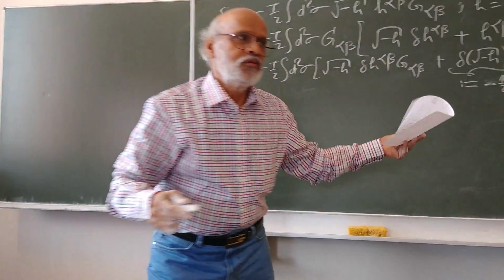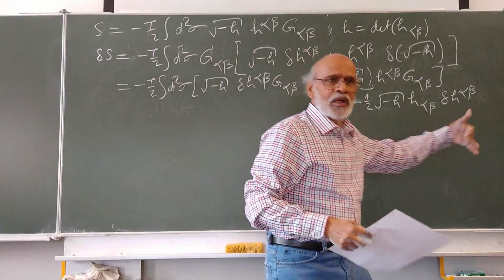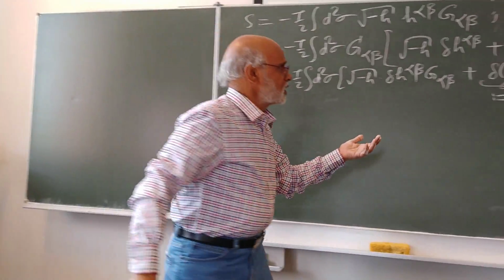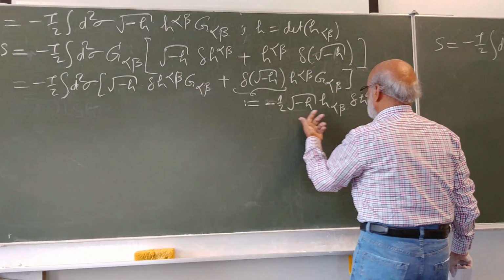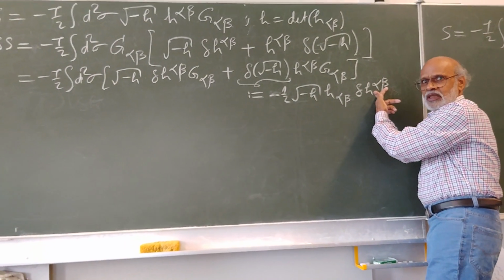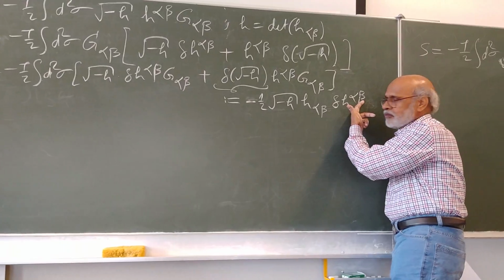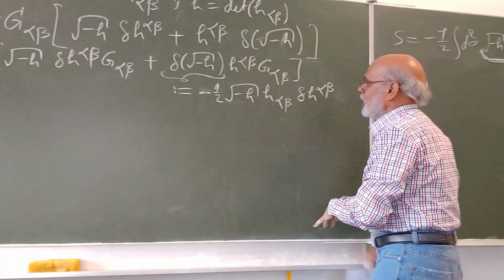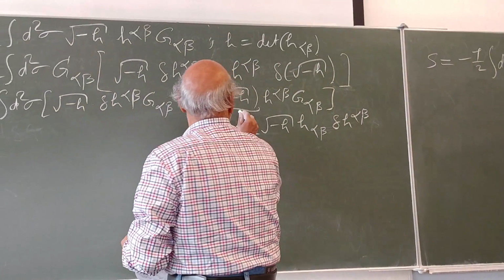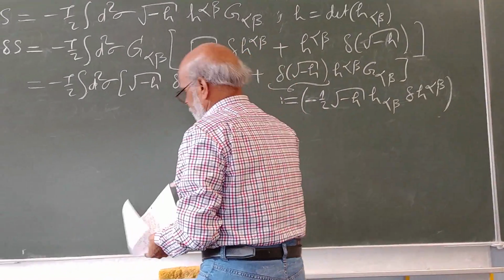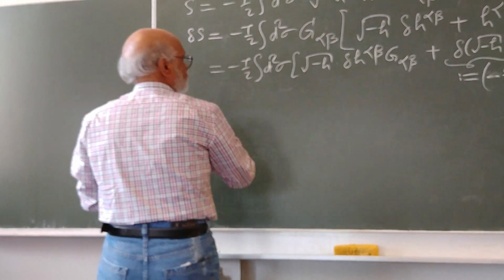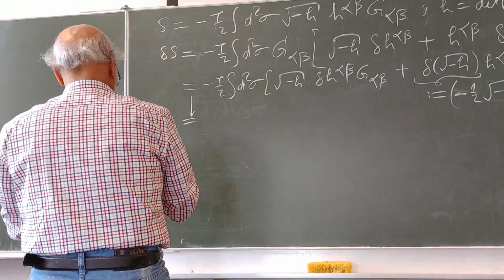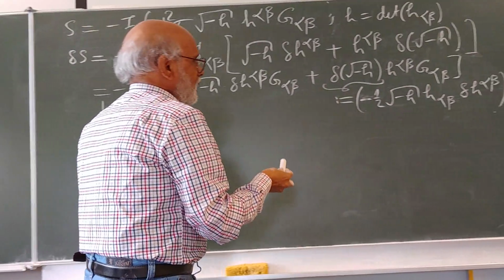You can do it separately, just like you do it in the gravity theory. Here, instead of H, you consider G and G alpha beta and delta G alpha beta, exactly what you do in gravity theory. So this is also a gravitational field, and I make use of this here. And another thing.